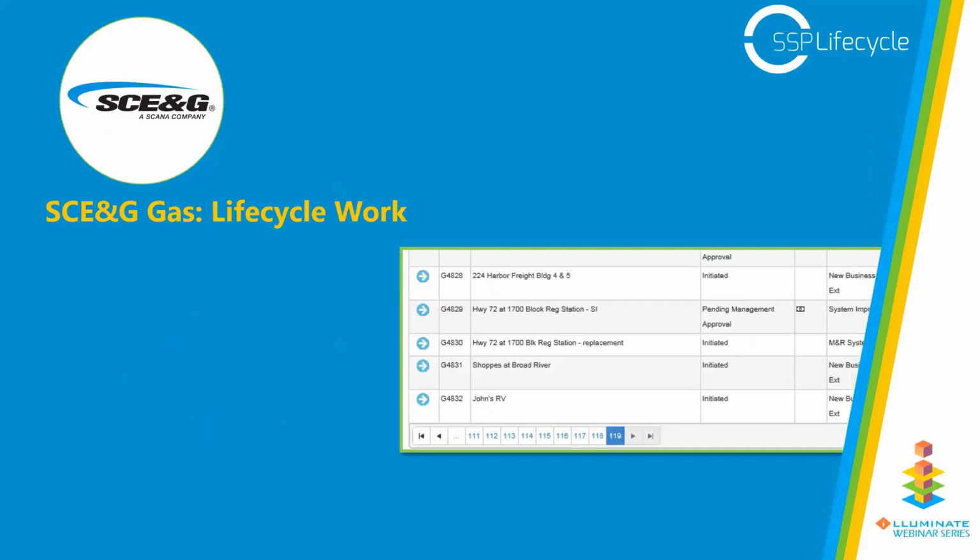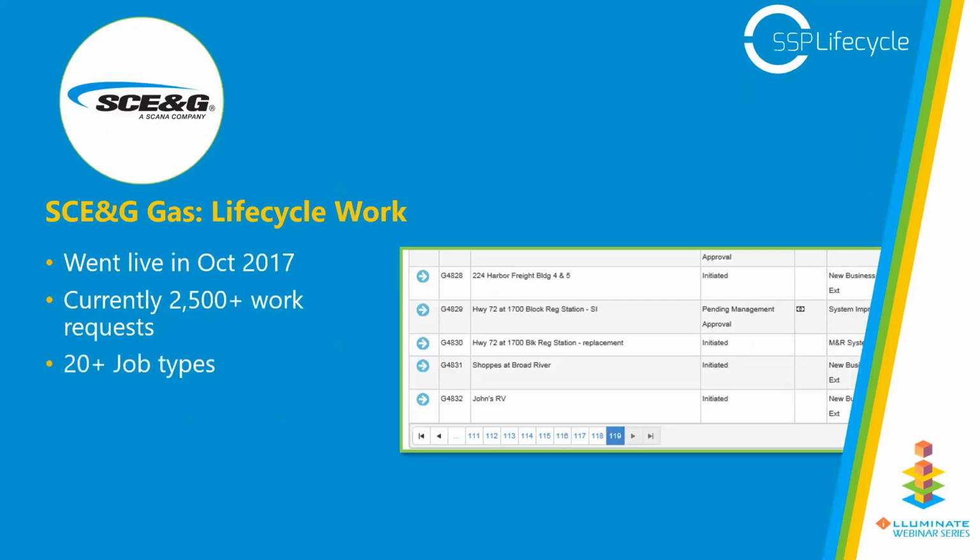Another one is SCE&G Gas. This is, again, another Lifecycle Work implementation. What you're looking at here is a work request dashboard. This one went live in October of 2017. Currently it has about 2,500 work requests managed inside of there as of our last update. They've got about 20 different job types that they're managing.